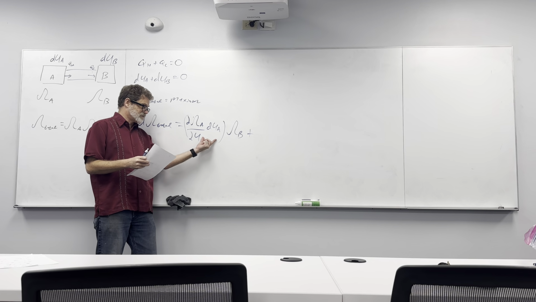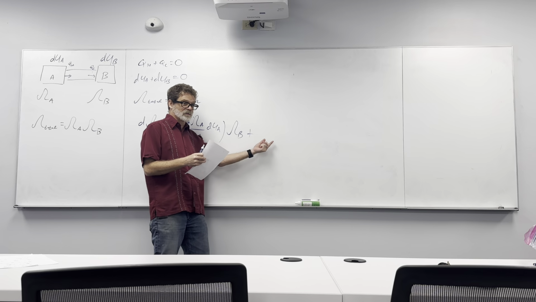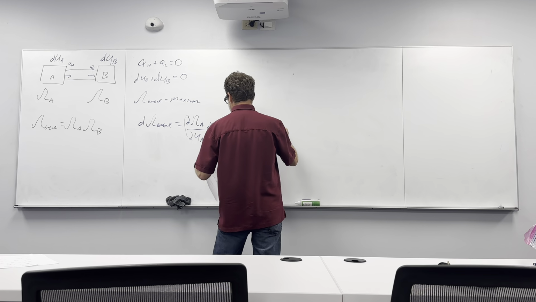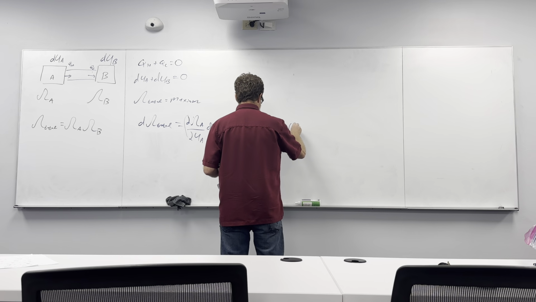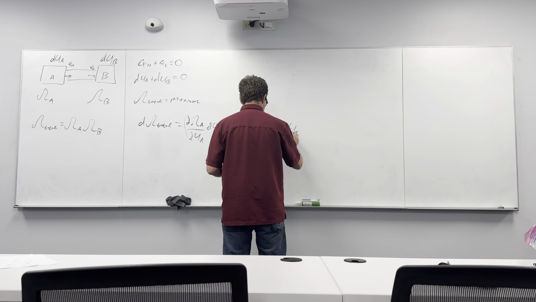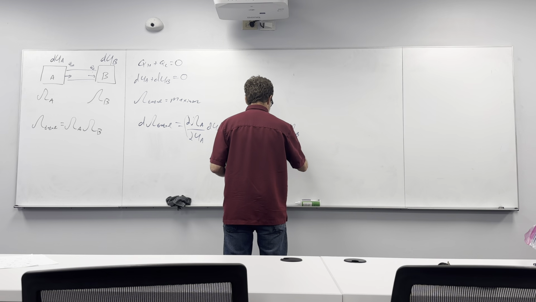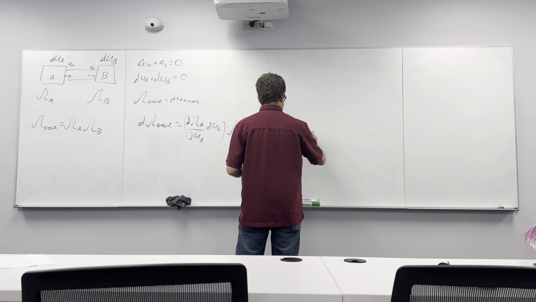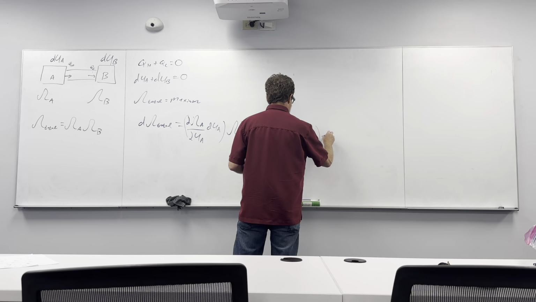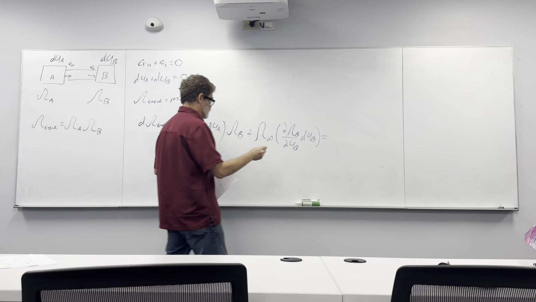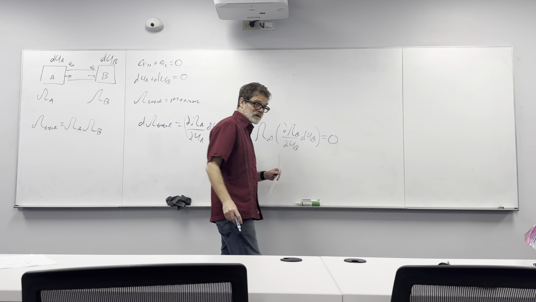This is a little change in the first times the second, plus what's the other one? The first times a little change in the second, right? Sigma B. And what does that got to equal? 0, if it's maximized. Right?